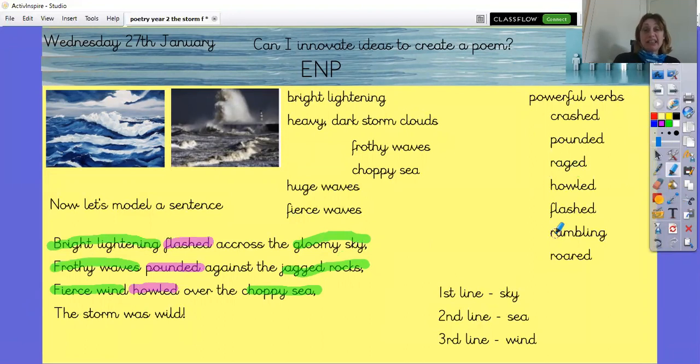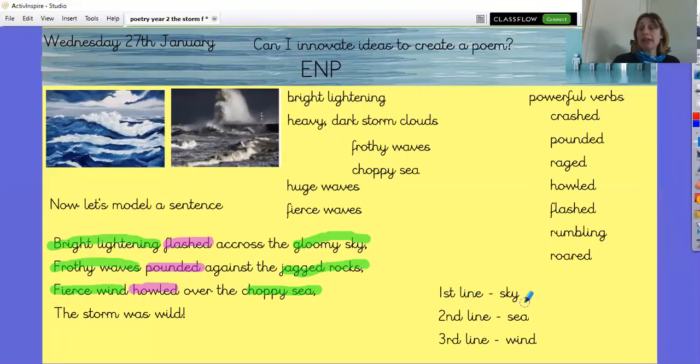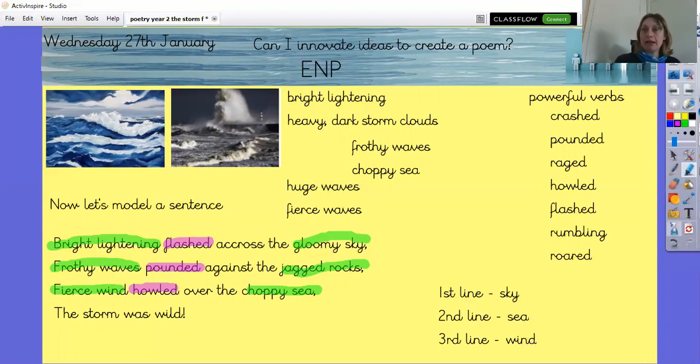Okay, so actually, because we've got those word banks already, we've got our EMPs, we've got our powerful verbs. When it comes to building our poem, it's not really too tricky because we're just going to put those two things together. And if you follow my suggestion here about having one line about the sky, one about the sea, and one about the wind, it becomes quite a simple process to then build your poem up.